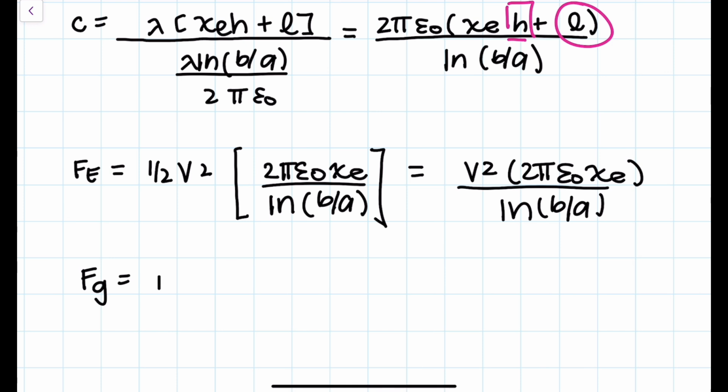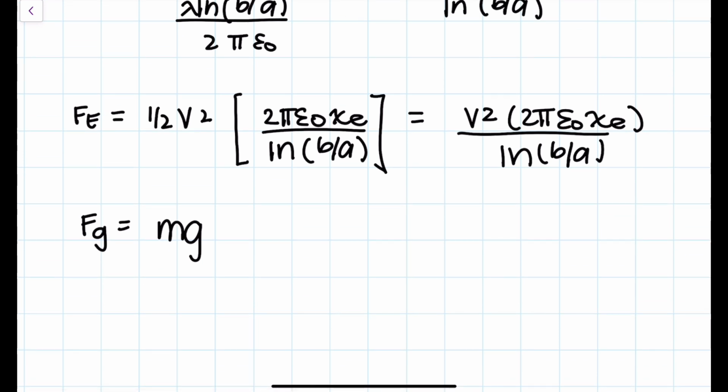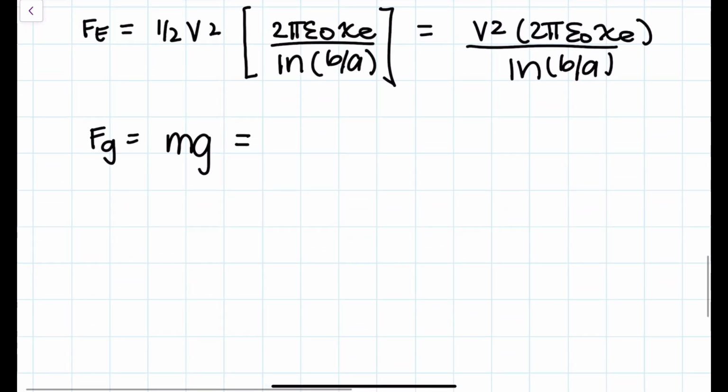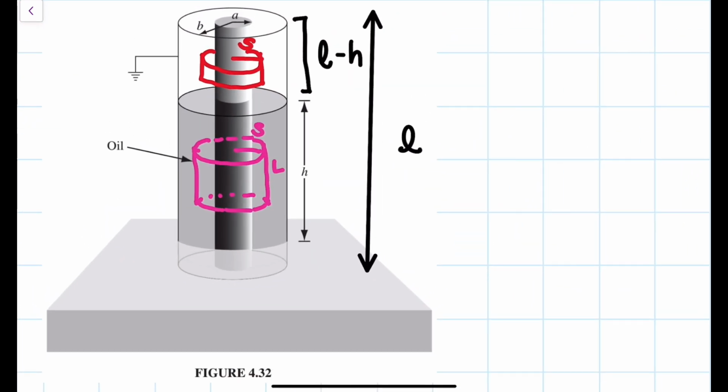The weight is simply mg. We could work out what m is, but we are given a mass density, so we can just multiply that by the volume. The mass density was rho, and the volume where the oil is is basically the big cylinder minus the smaller cylinder.